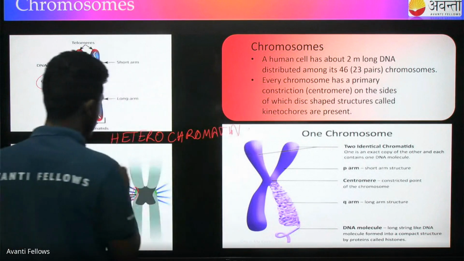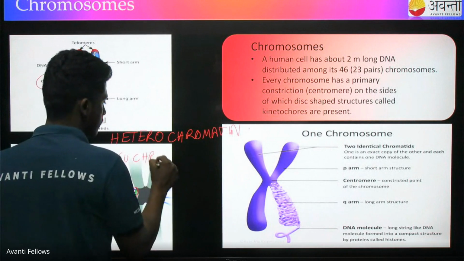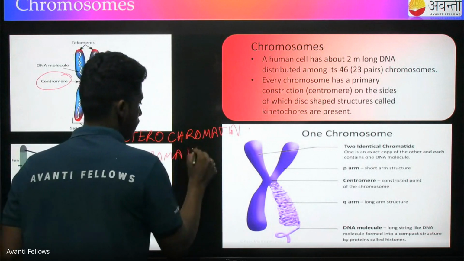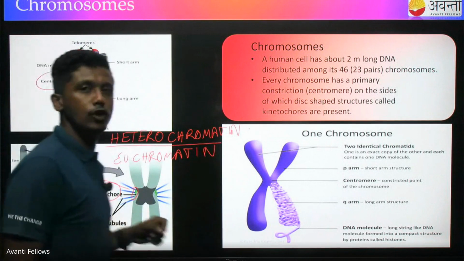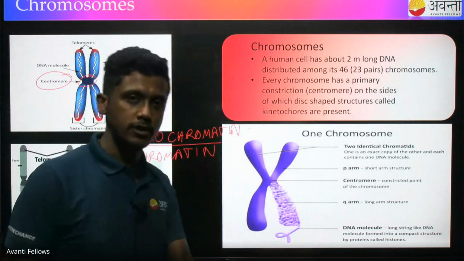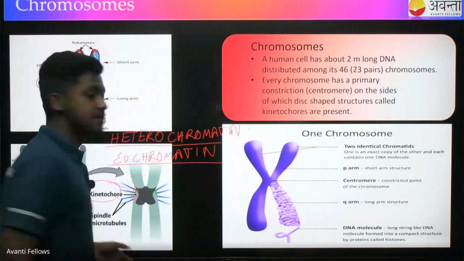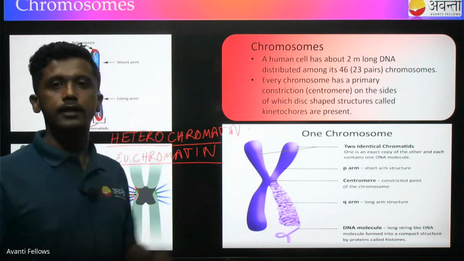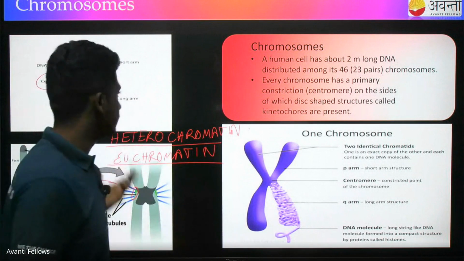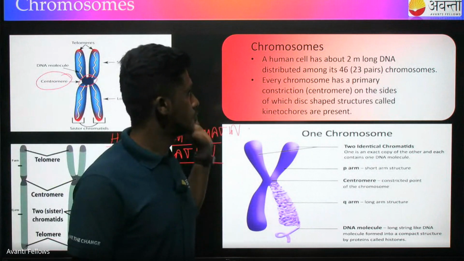And if it is loosely packed, it is called euchromatin. Since it is very tightly packed, heterochromatin DNA will not participate in genetic information or giving characteristics, whereas euchromatin is loosely packed, functional DNA which participates in giving characters to an organism. Understood? So this is about the structure of chromosomes.